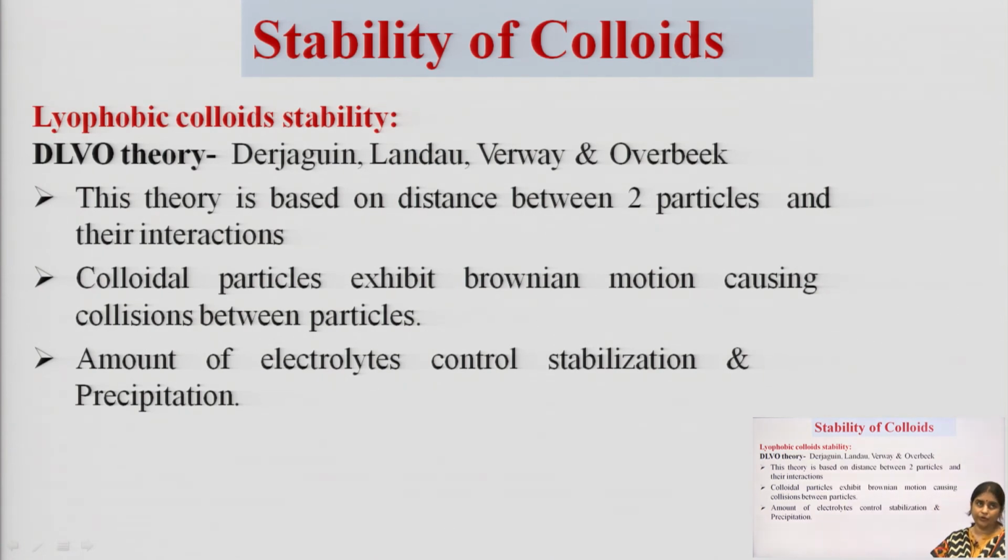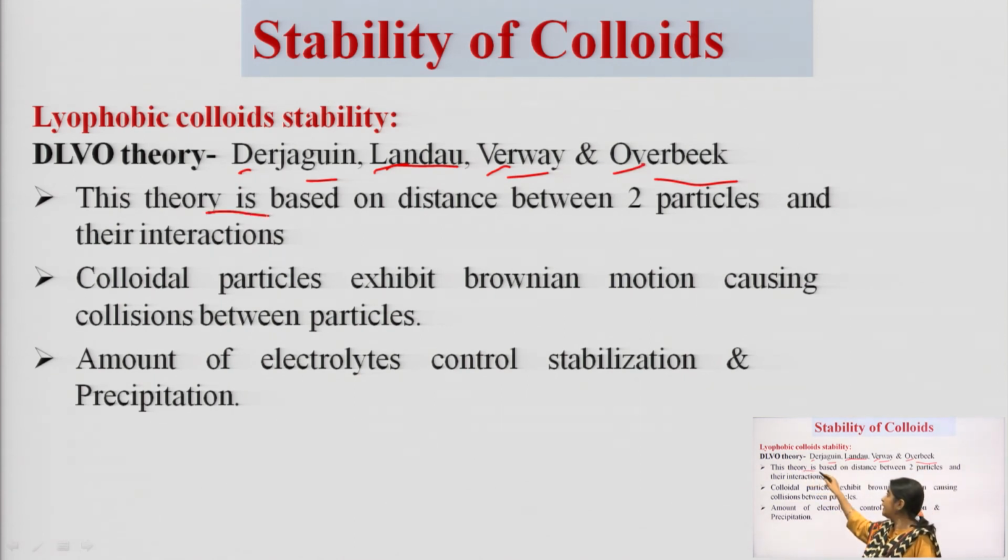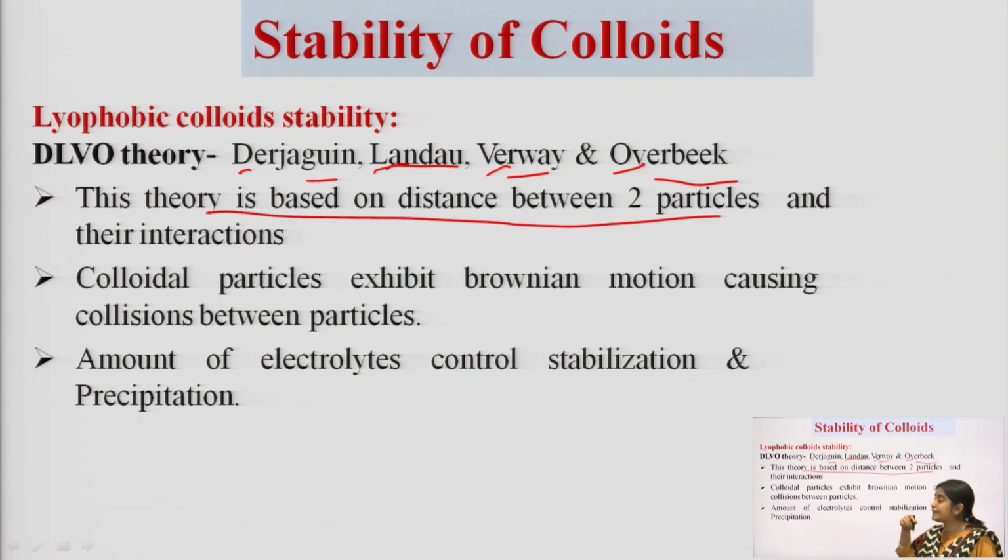The DLVO theory name is derived from the first letters of the scientists who invented it: Derjaguin, Landau, Verwey and Overbeek. This theory is based on the distance between two particles and their interaction.